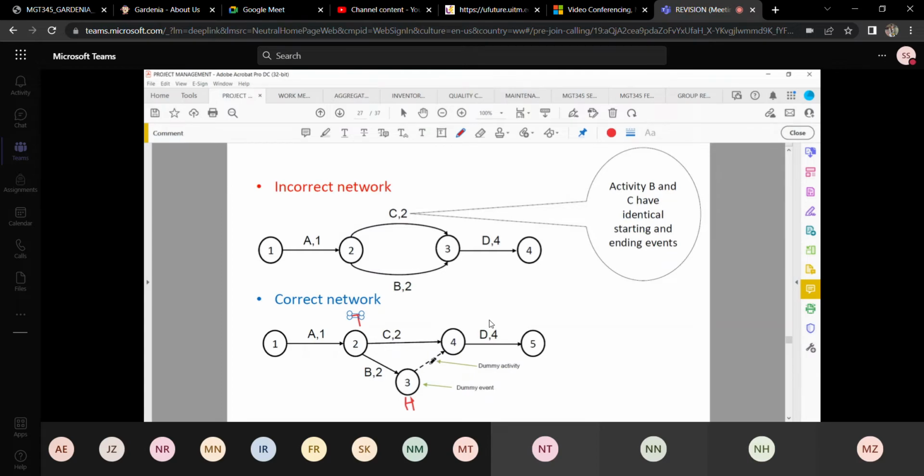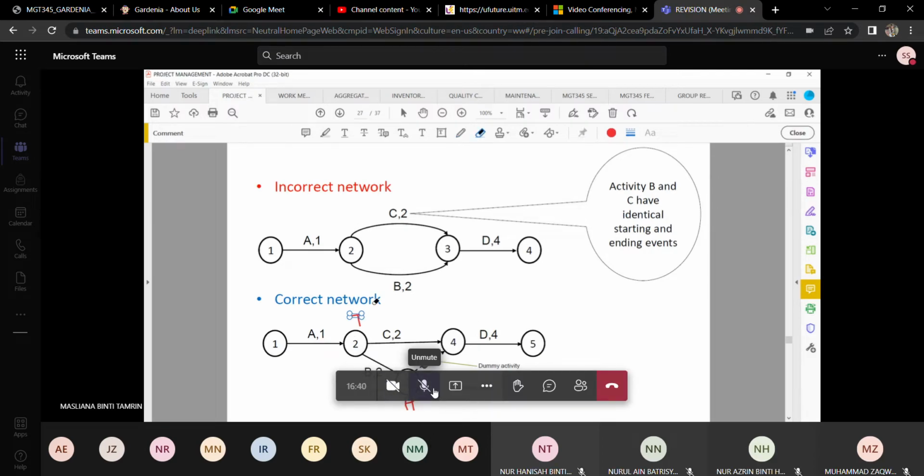So you produce one dummy activity over here, which is dummy 1, which represent activity B. So D over here produced by B and C, you get D. Is it clear, class, over here? Are you clear? Yes, madam. Okay, good.